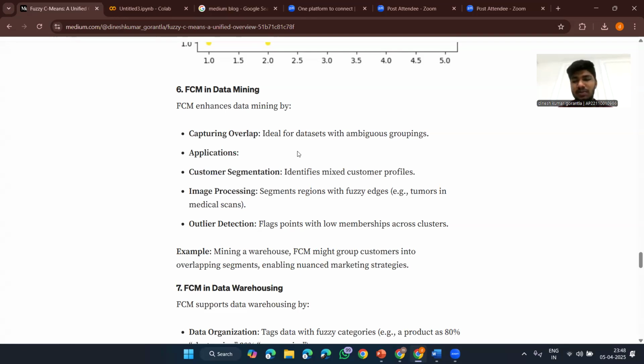Applications: customer segmentation, identifying mixed customer profiles; image processing, segmenting regions with fuzzy edges, for example tumors in medical scans; or outlier detection, flagging points with low membership across clusters. Example: mining a warehouse, FCM might group customers into overlapping segments, enabling advanced marketing strategies.